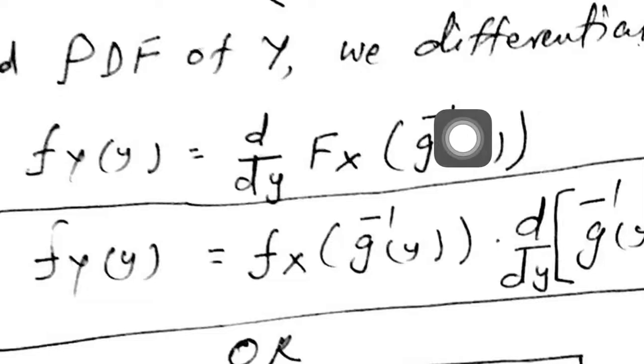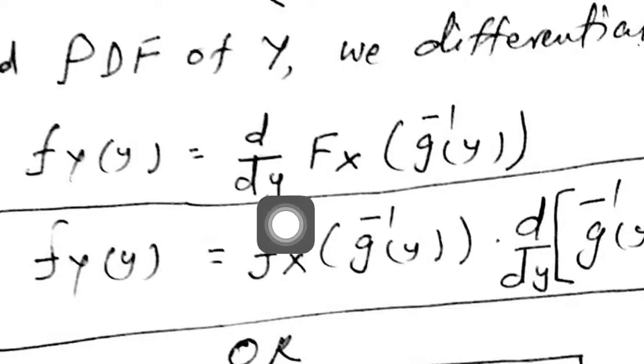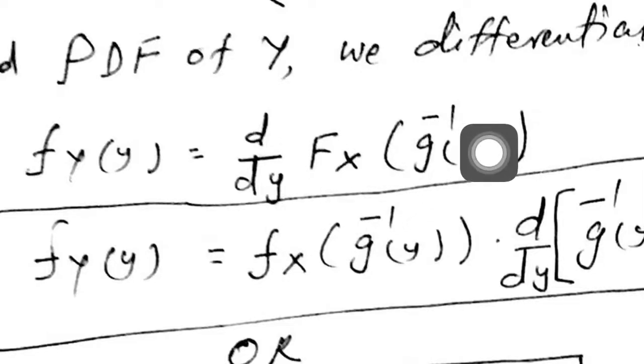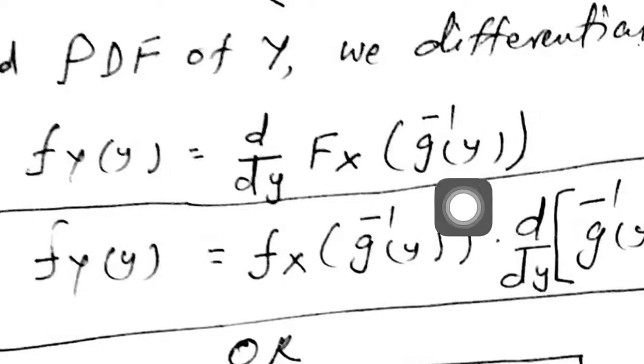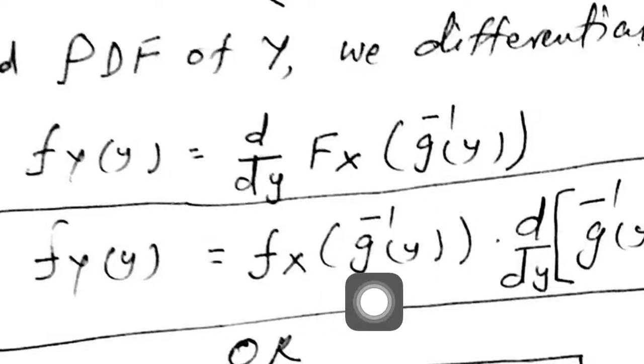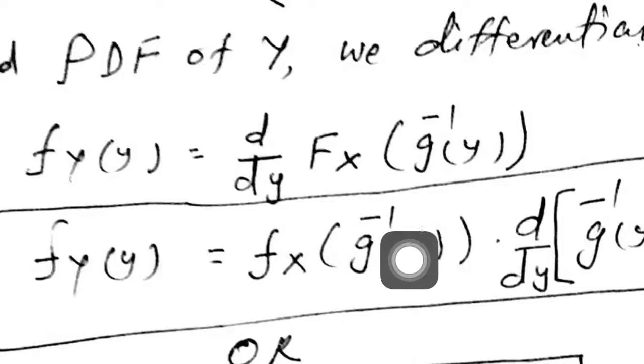So d by dy of fx of g inverse y is nothing but the density function of x with the argument g inverse y into the differential of this. You are using the function of function rule or chain rule here.